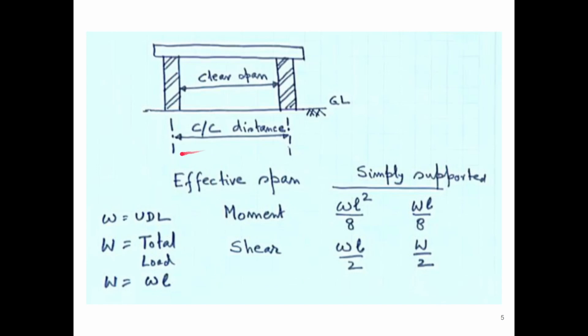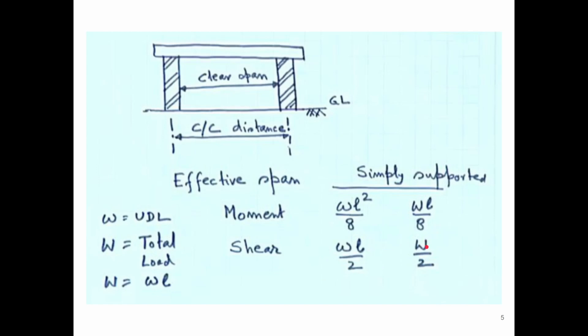Based on this effective span L, we will get the moment and shear. If it is a uniformly distributed load w, then the moment will be w L square by 8. If w into L equals the total load capital W, then it will be capital W L by 8. Similarly, shear will be w L by 2 or capital W by 2, as you must have learned in mechanics.